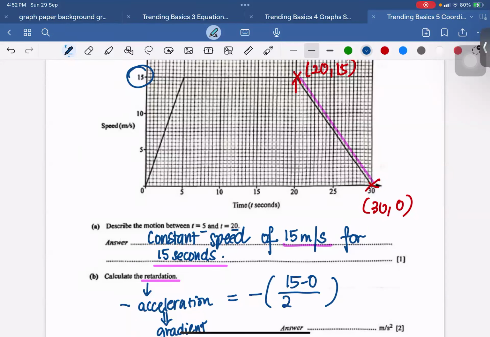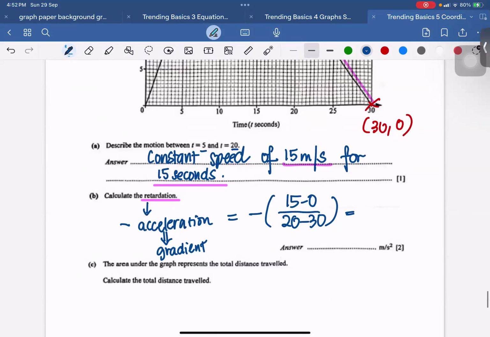X2 minus X1: 20 minus 30. So 15 divided by 10, negative 1.5, so it becomes a positive number, 1.5. So if you calculate the acceleration, it's negative 1.5, but because I already say it's a retardation, I don't need the negative sign, so the answer will be just 1.5. Okay, a lot of information.